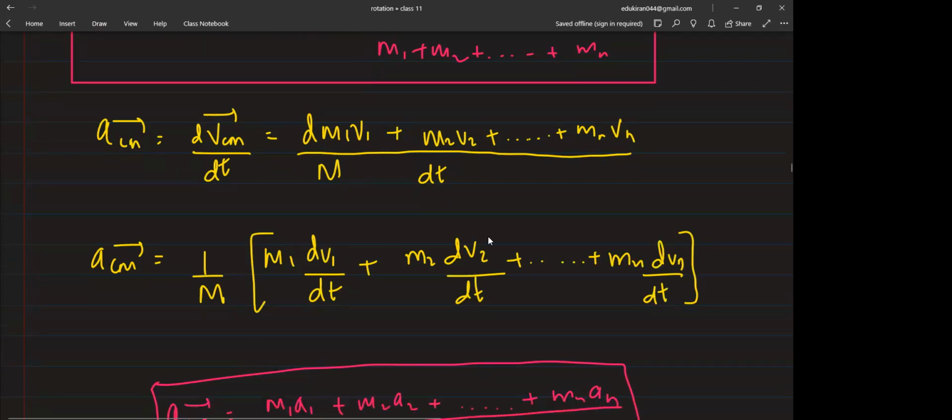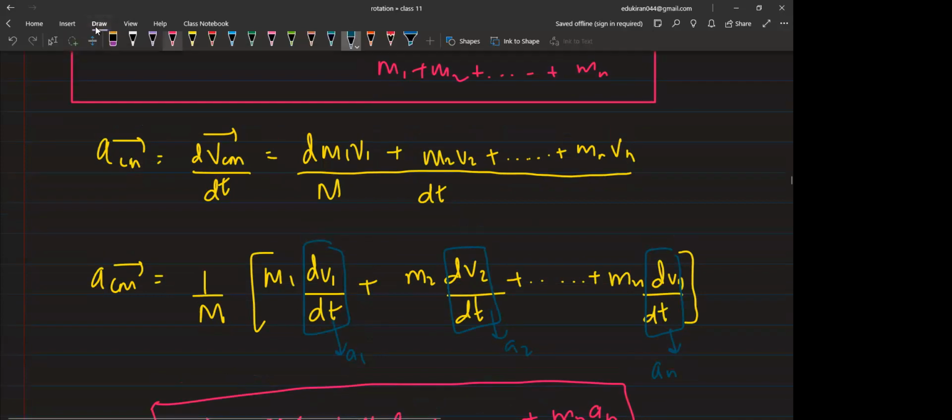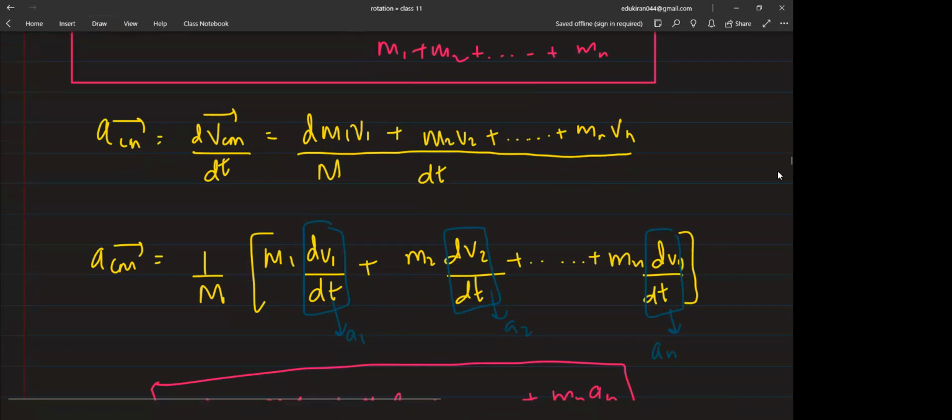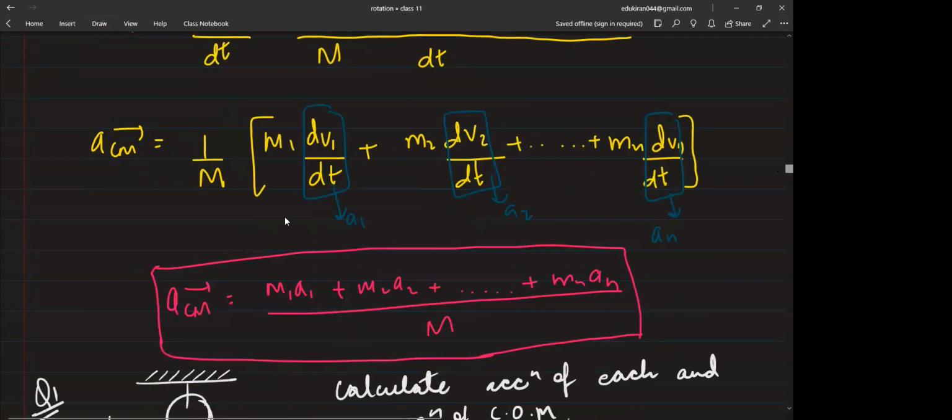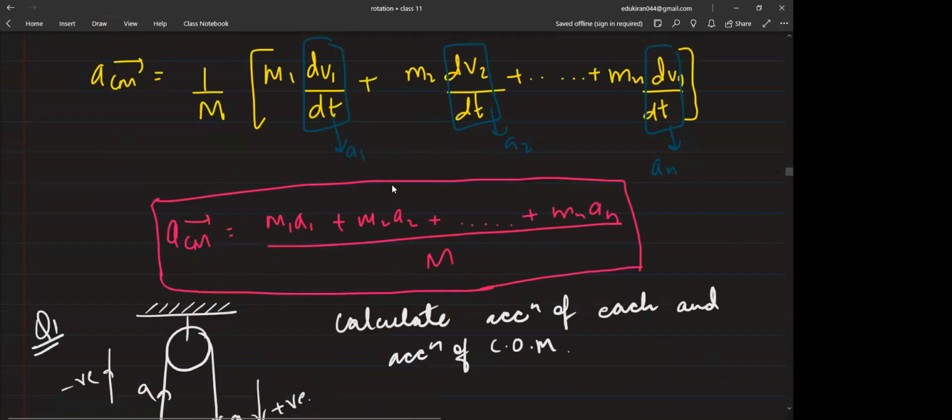You have dv1 over dt, dv2 over dt, dvn over dt. These are accelerations. So again, the final formula of acceleration that you will get is m1a1 plus m2a2 plus up to mn an. So these are more formulas which you have to remember.